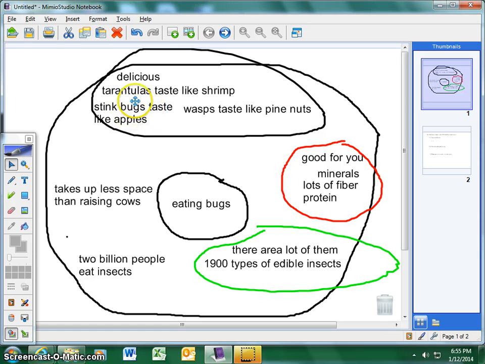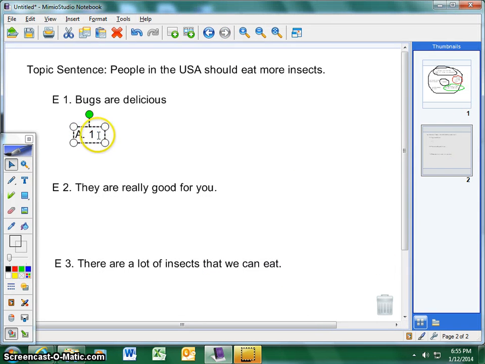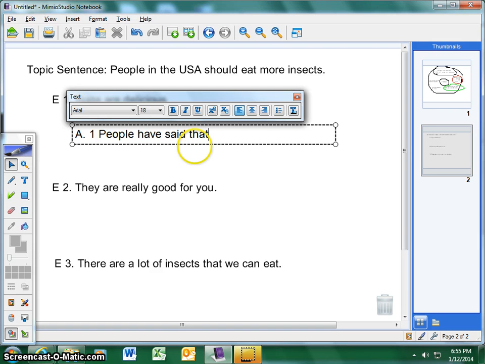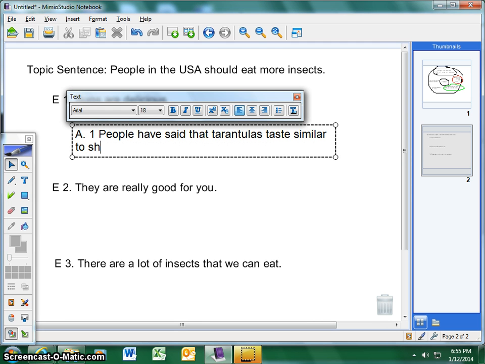So, this stood out to me: the fact that tarantulas taste like shrimp. I want to eat a tarantula because that sounds yummy. So I'm going to go ahead and put that in my paper. People have said that tarantulas taste similar to shrimp.